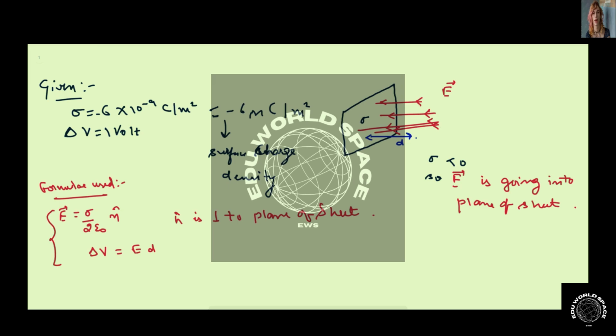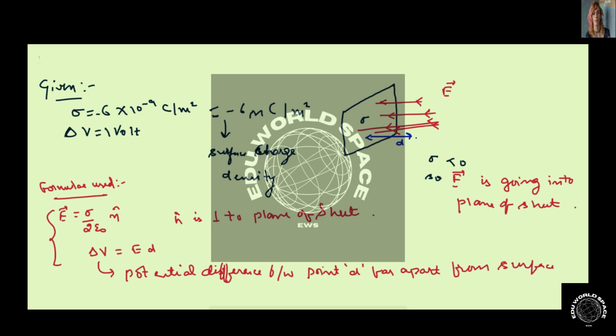Delta V is equal to E d, that means the potential difference between this point and the point from the surface. So using these two formulas, we can find out the value of d here.